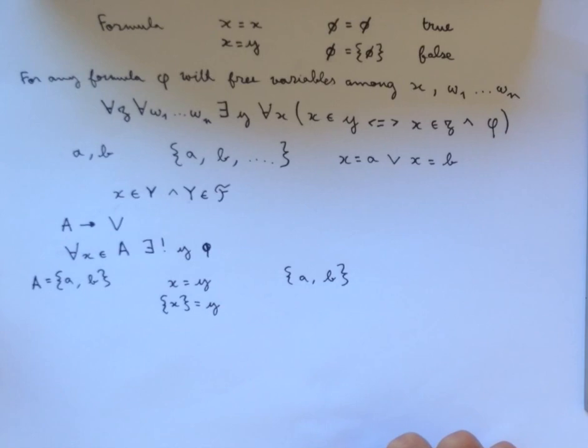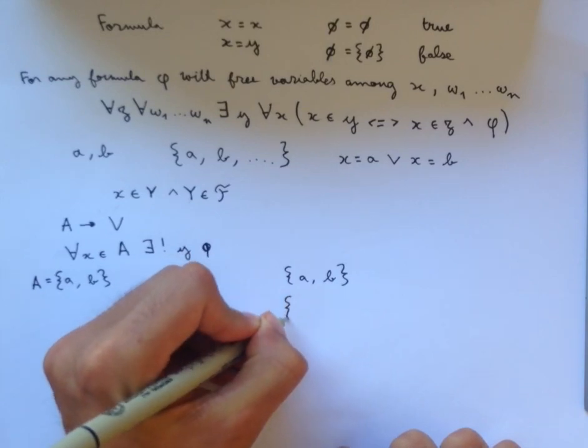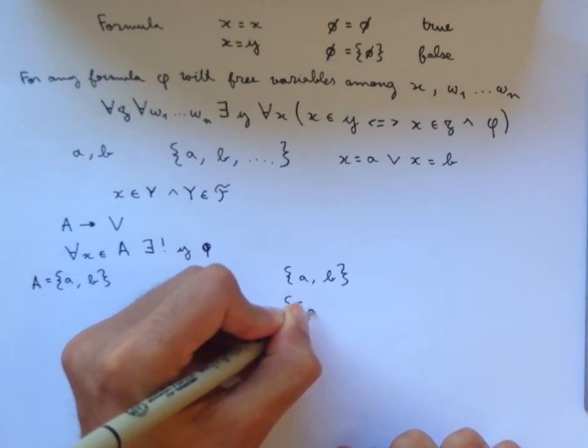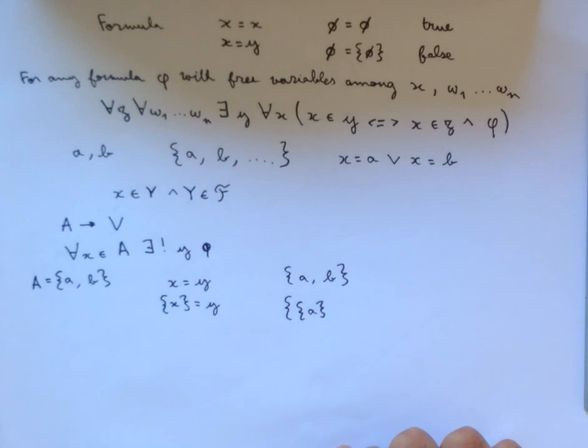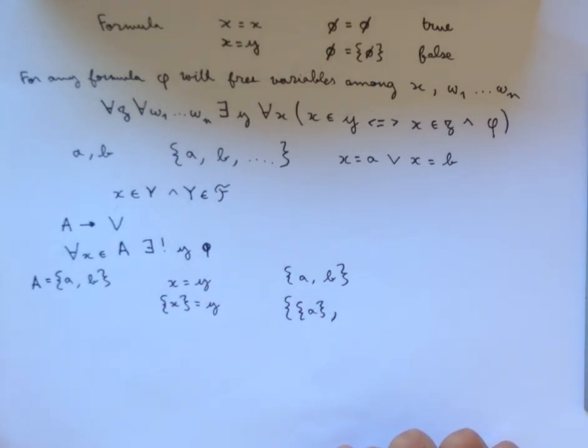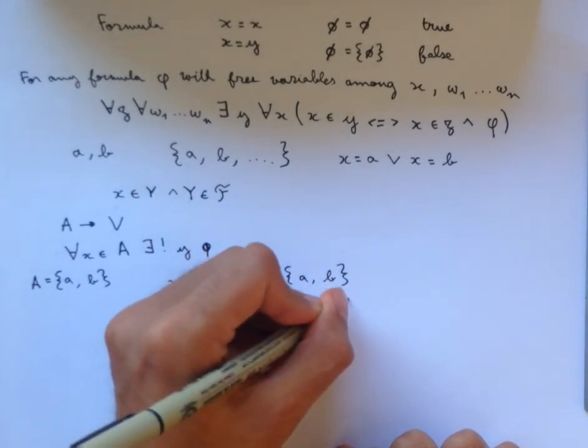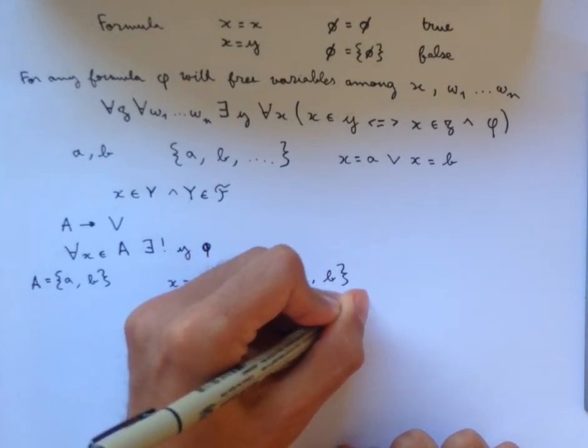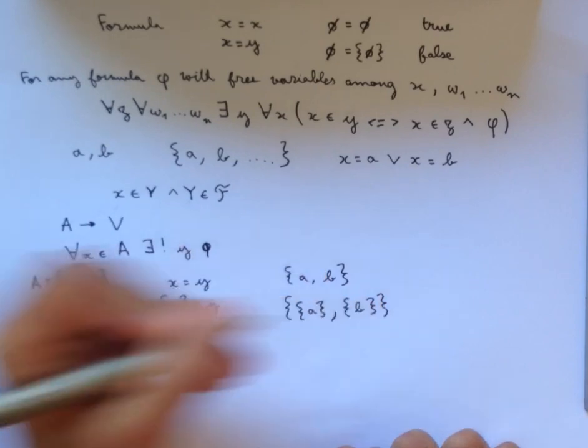And what is the unique y that satisfies the set containing a equals y? Well, that is going to be the set containing a. So we end up with the set containing a being an element of our new set, and similarly the set containing b in our new set.